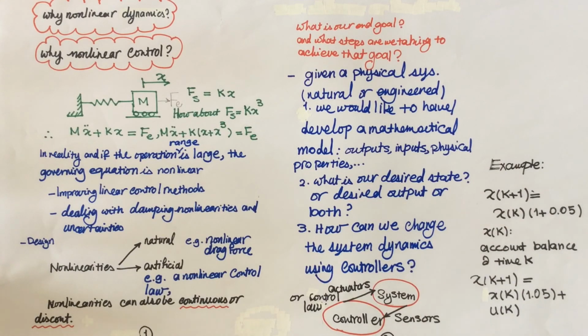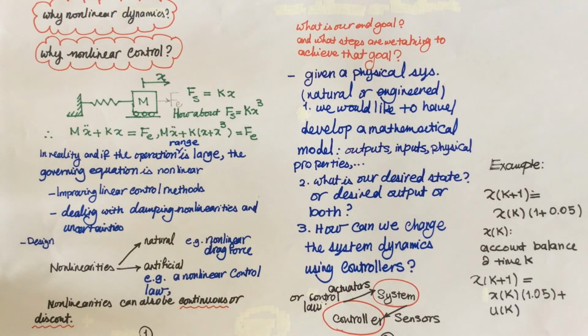Again, 40% of the course is probably nonlinear dynamics, or half of the course, and then the second half is nonlinear control. So you might say, all right, the operation range is small, k x is enough. But then I might say, all right, my system needs to operate in a certain range so that this x remains small.